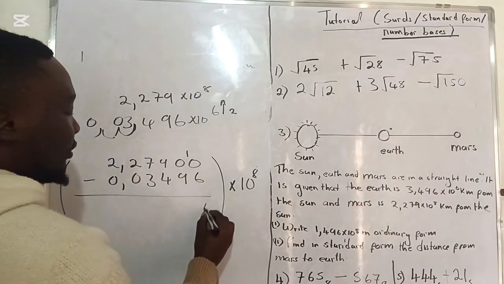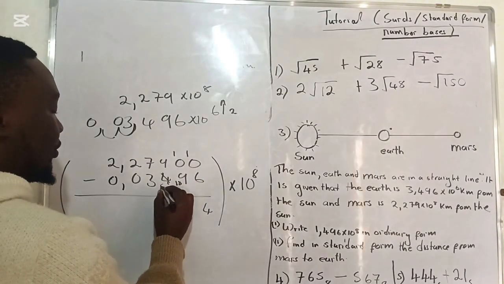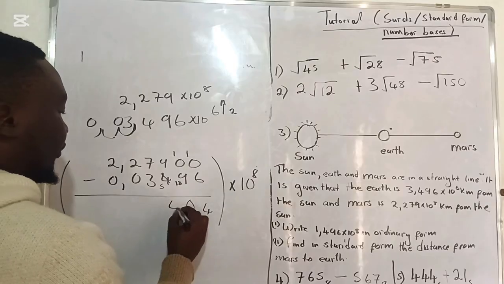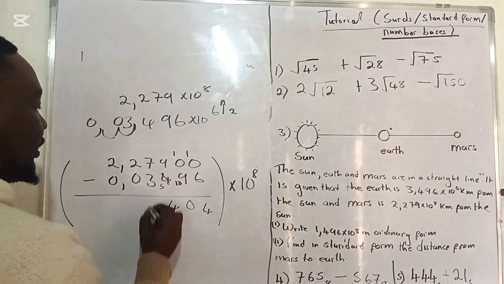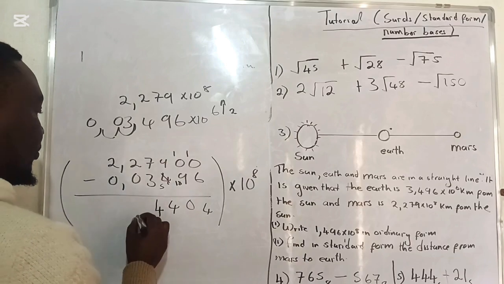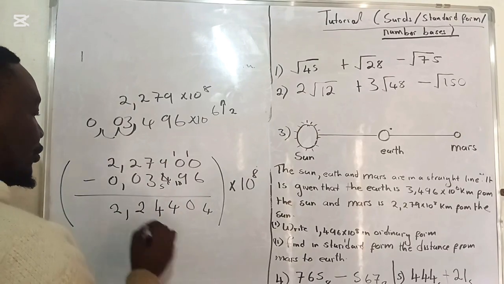Borrow a 1 here, this one becomes 10. Borrow another 1, this one becomes 5. 0 here, that's 4. And 7 minus this, that's another 4. 2 minus that, that's 2. Put our comma here, that's 2.